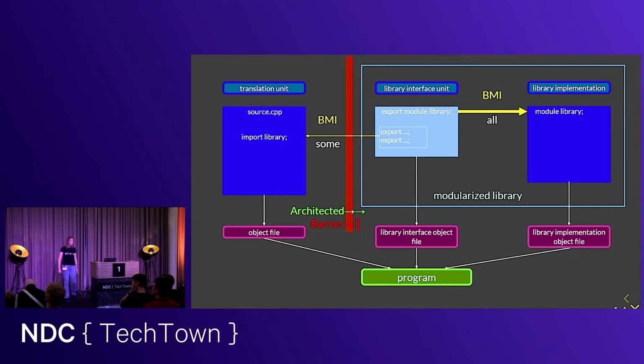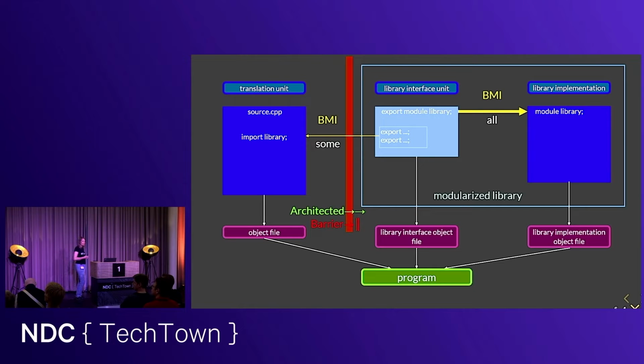What changes with modules is that the interface of this library that I've been alluding to is no longer a header file, but it becomes a translation unit on its own.